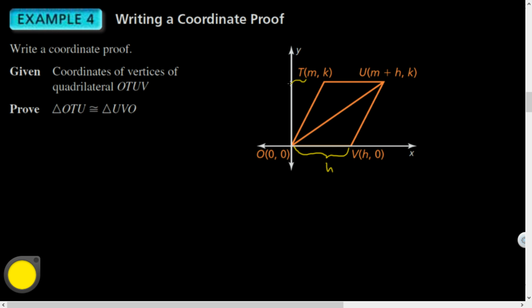Now this distance is M, it's M to that point. And adding an H to the M coordinate gives me M plus H. If this is M and this was H, then the X coordinate of that point would be M plus H.